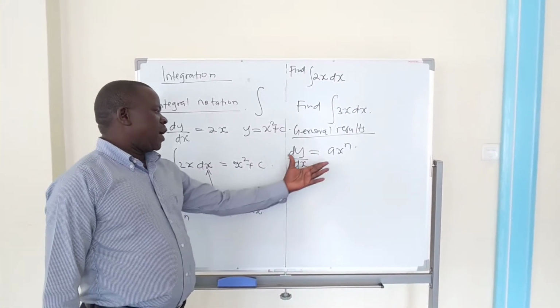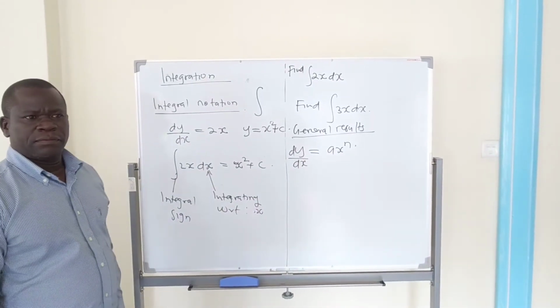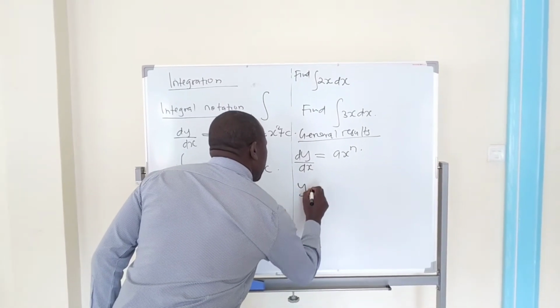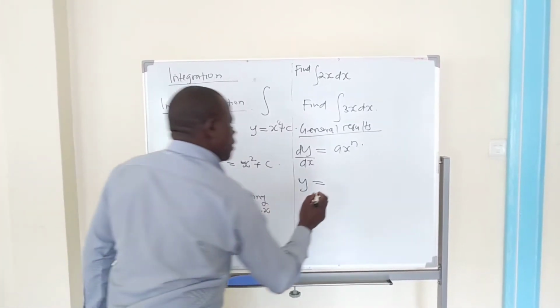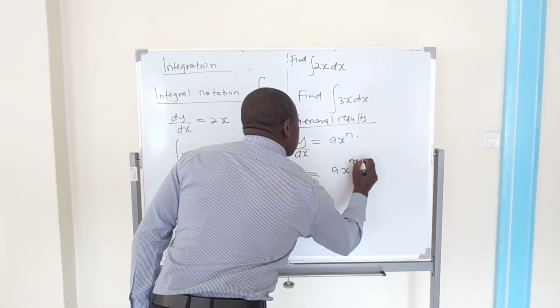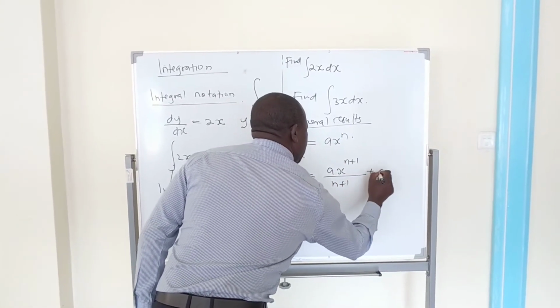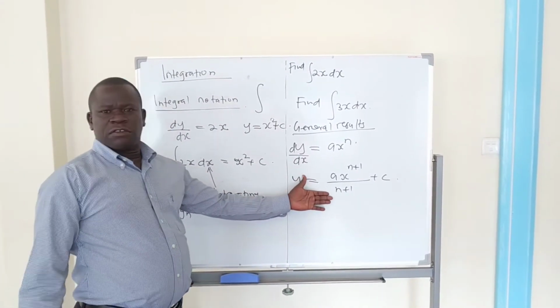How do I now find the function y? The general rule says y alone as the function would be given by a x to the power n plus 1 all over n plus 1 plus c. That is the general rule of integration.